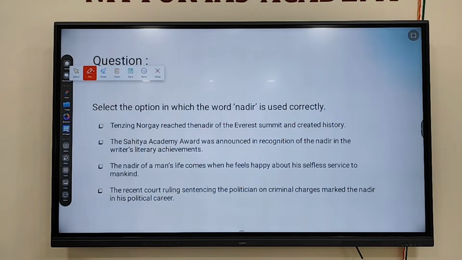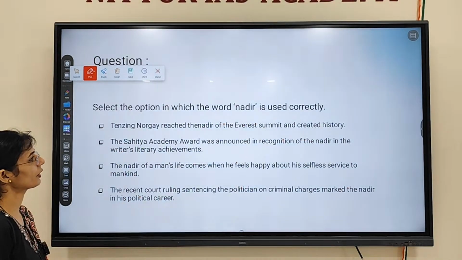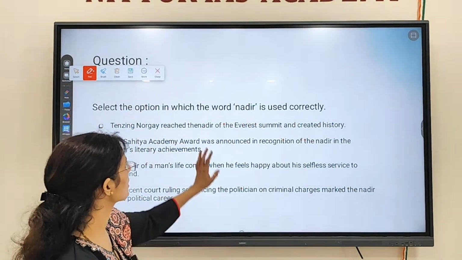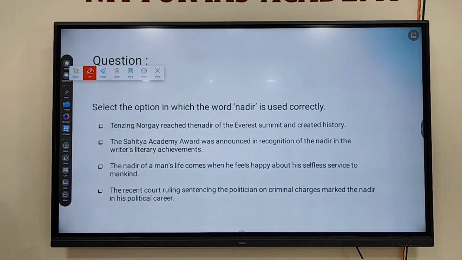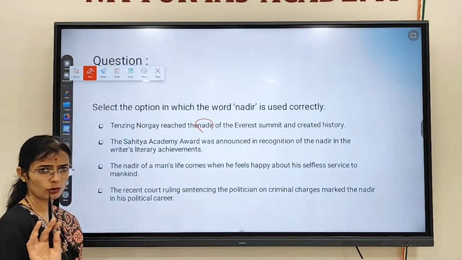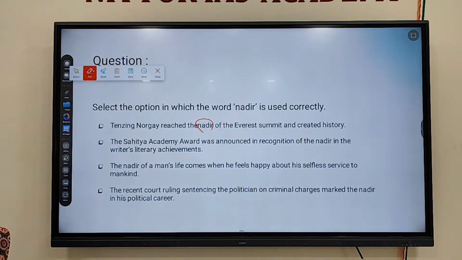Lowest point. So Tenzing Norgay reached the lowest point of the Mount Everest summit and created history. Feeling lowest, no? What is the meaning? The most unsuccessful point.